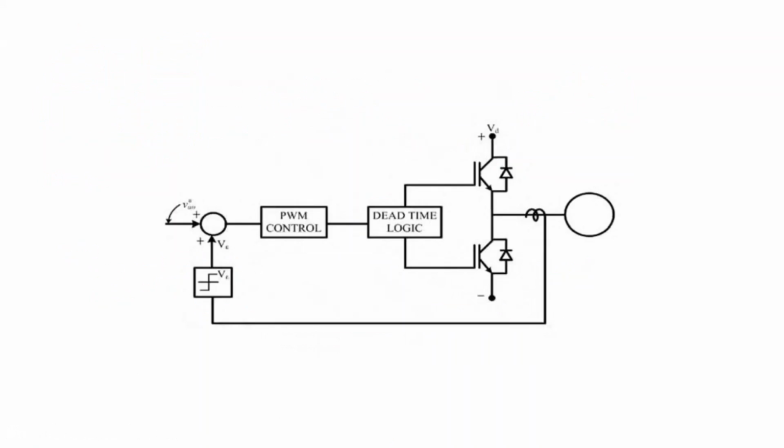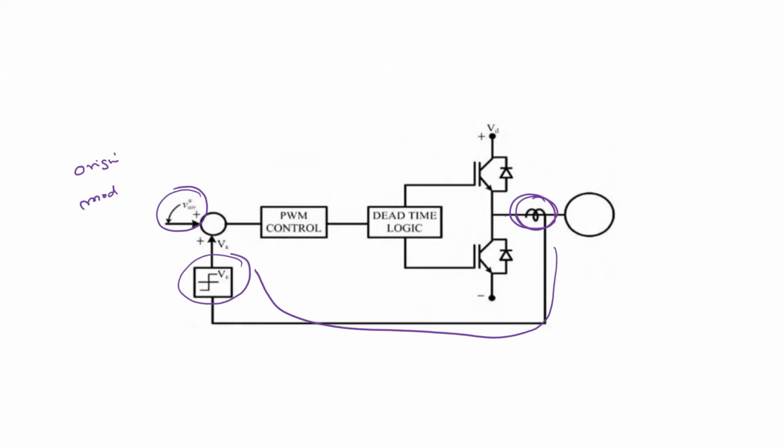So how to do that? We have a circuit here. This is the dead time circuit, which is providing some time delay. We have the upper switch here, the lower switch here, and this is the inverter current. Here we are measuring the inverter current. This is the original modulating signal. Based on the inverter current polarity, we are adding or subtracting some small error.